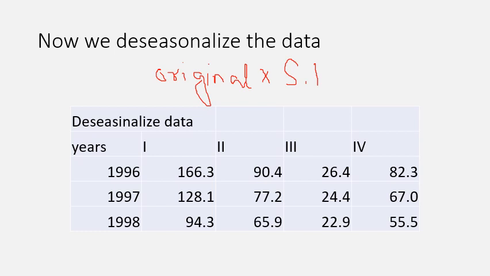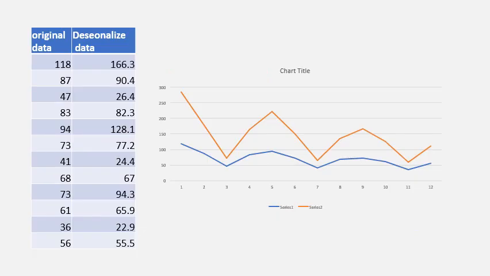Okay, now if we plot these values on graph paper, we have something like that. This is the original data and this is the deseasonalized data.